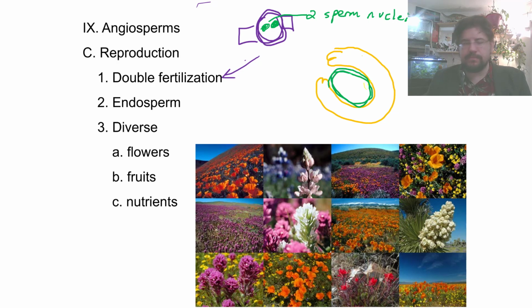Here's our megasporangium. And the megasporangium produces the megasporocytes, which is still part of the diploid phase. Right, here's my megasporocyte. The megasporocyte undergoes meiosis, and we get 4 megaspores. But of those 4 megaspores, only 1 will survive.